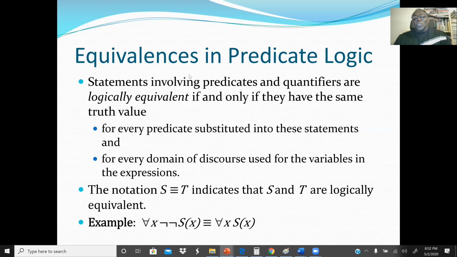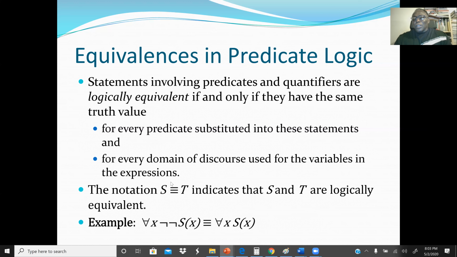The next is equivalences in the predicate logic. We say that statements involving predicates and quantifiers are logically equivalent if and only if they have the same truth value for every predicate substituted into this statement and every domain of discourse used for the variables in the expression. So the notation S and T indicates that S and T are logically equivalent.